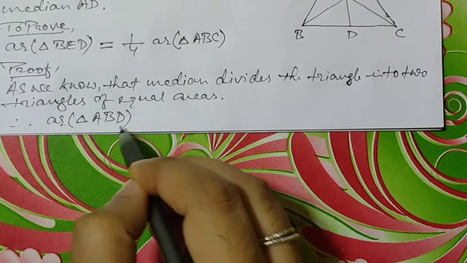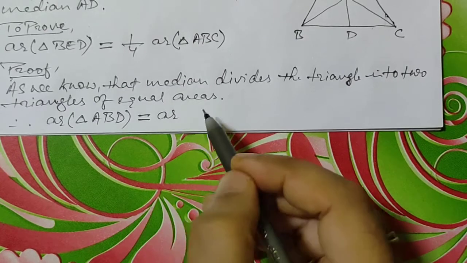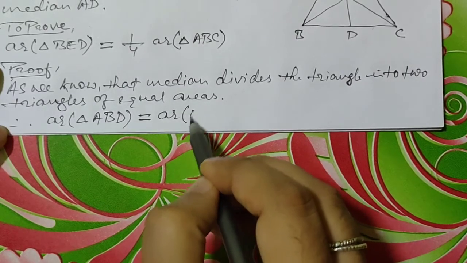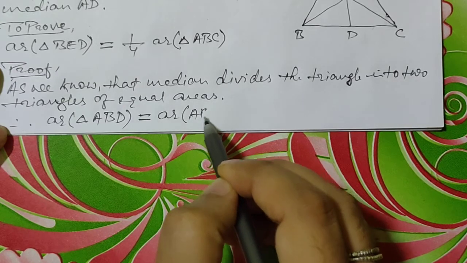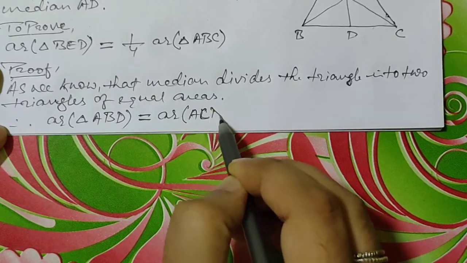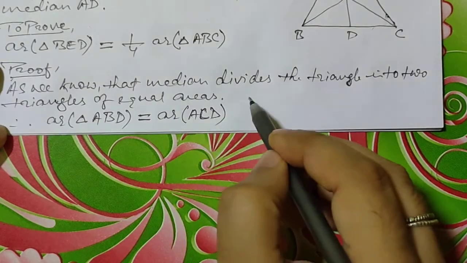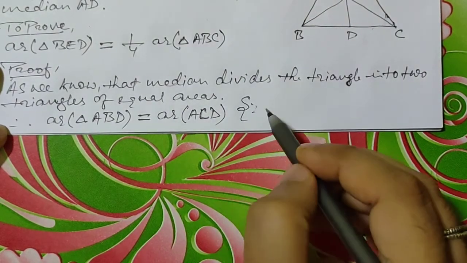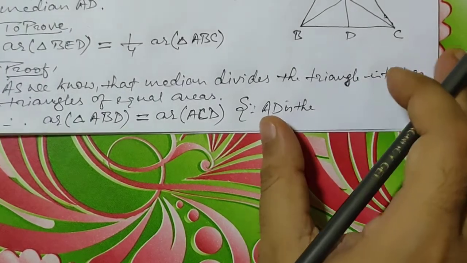Therefore, we can simply write here, therefore area of triangle ABD is equal to area of triangle ACD. And the reason: since AD is the median of triangle ABC. It depends upon your own style of writing.